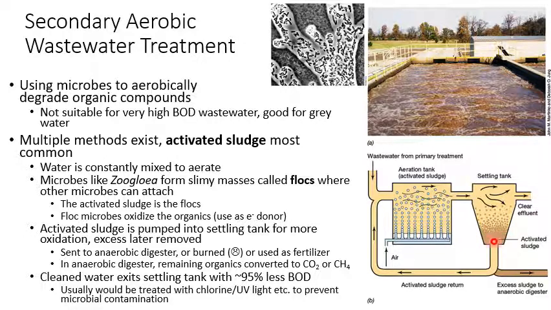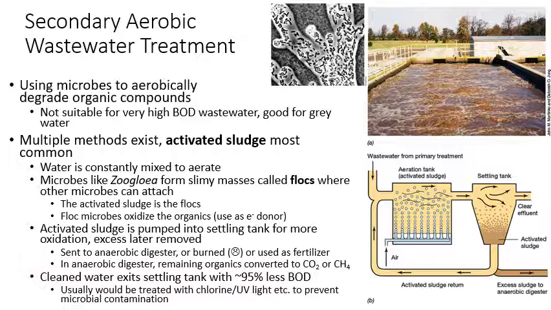Then this sludge here, most of it will leave to somewhere else, maybe to an anaerobic digester or to be used as fertilizer, hopefully not to be burned. And a little bit of it will be sent back to the mixing tank to start the cycle again and provide more zoogloia microbes for flock formation.